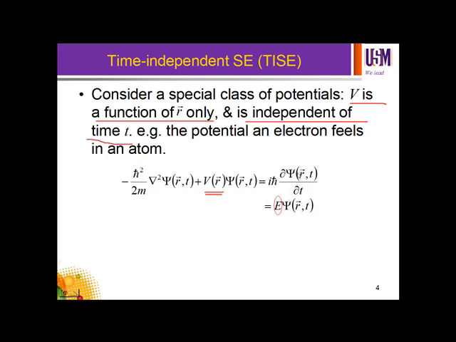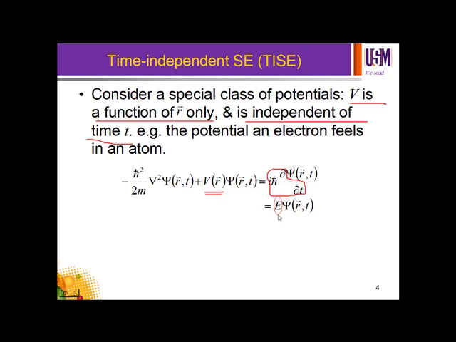On the right hand side, the operator of E is i h bar del per del t, and this operator can be replaced by E, where E is the energy.